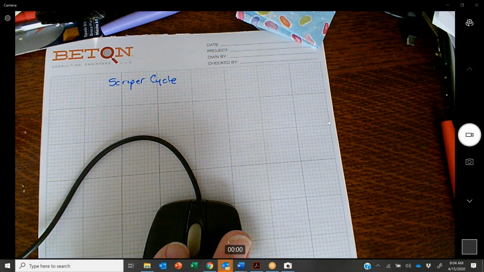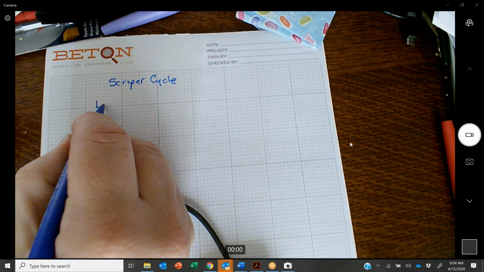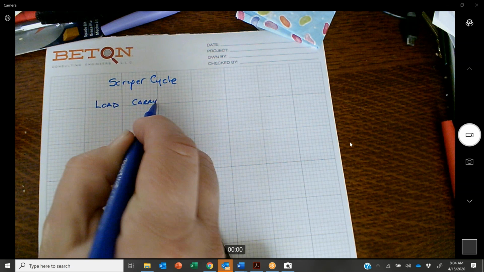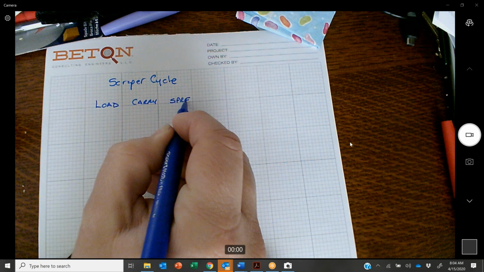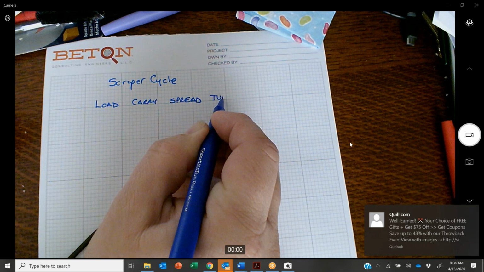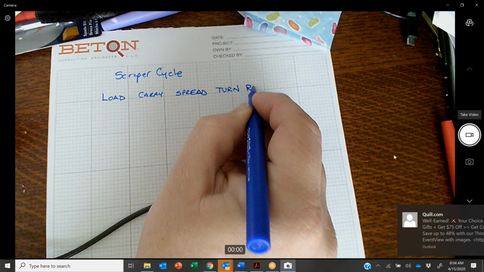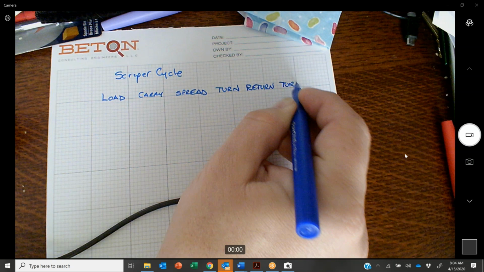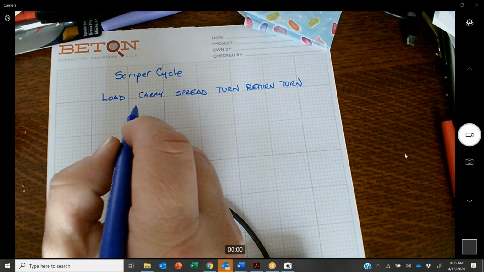So in our scraper cycle, we talked about how we have a load, a carry, a spread, we turn, we return, and then we turn again. Some of these times were fairly well described.